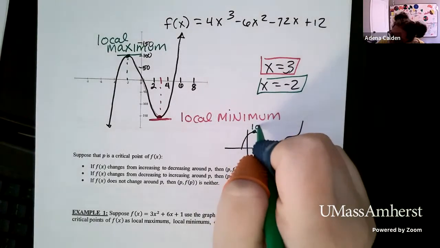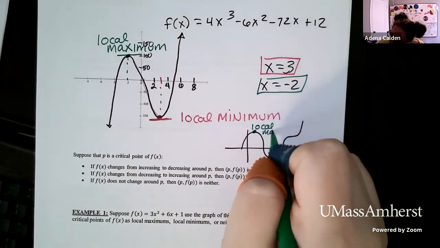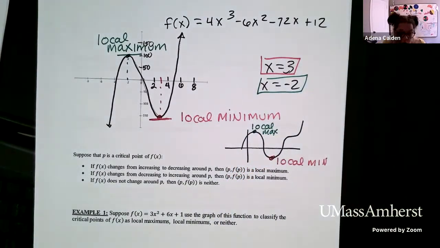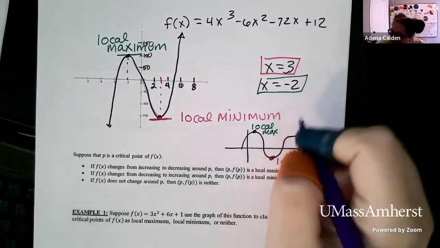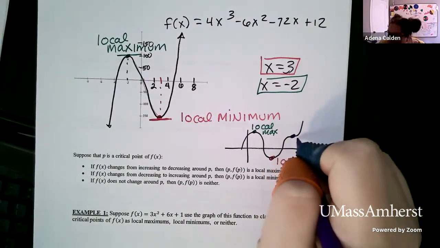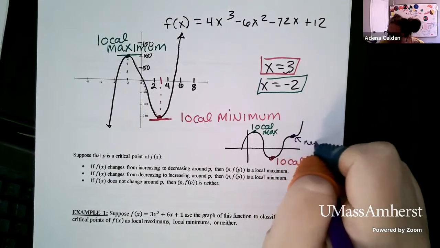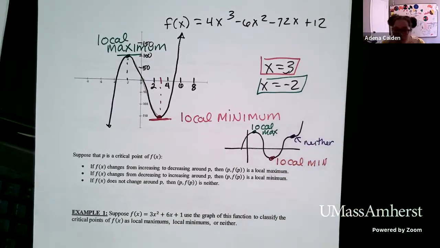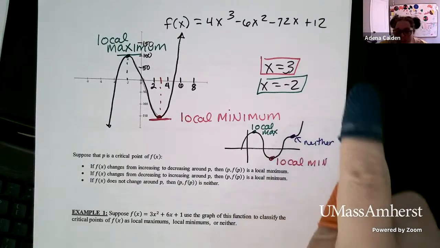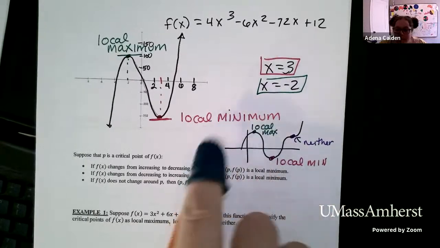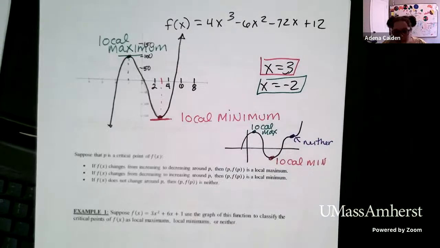That's a critical point. But we also have a critical point that will be identified here. And this point is neither, because it's not the bottom of a cup or the top of a hill. It's like a weird flat spot. If your graph flattens out but doesn't create a hill or cup, that's when you have neither.